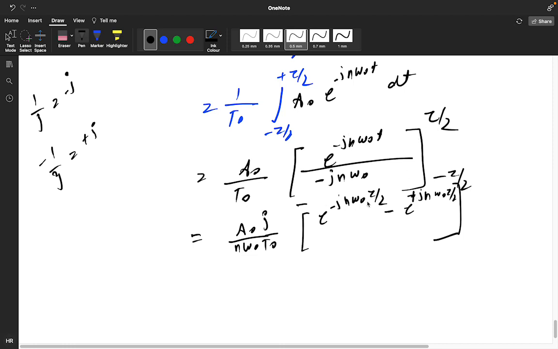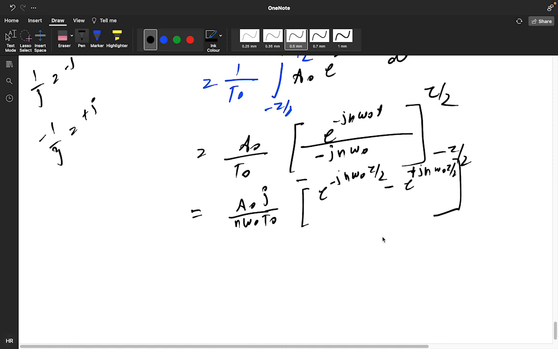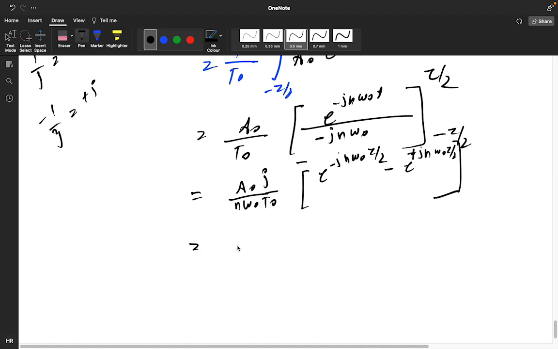So minus minus will become plus. When you substitute, you get e power j n omega naught tau by 2. Take it like this, A naught over n omega naught T naught, and take the minus as common, so you will get minus j.